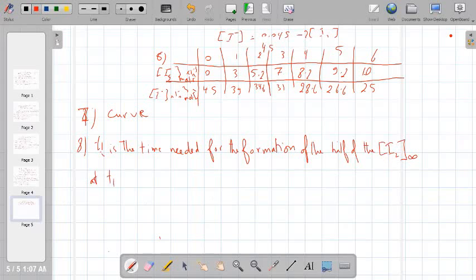At T-half, concentration I2 equals concentration I2 at infinity over 2.